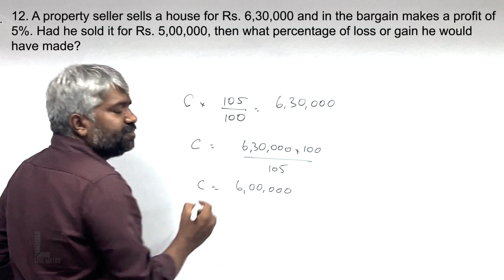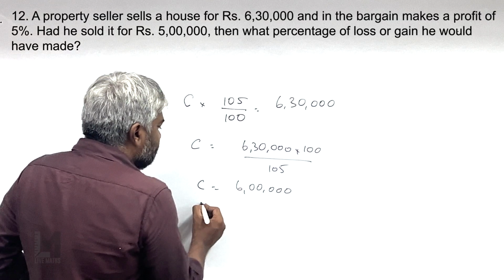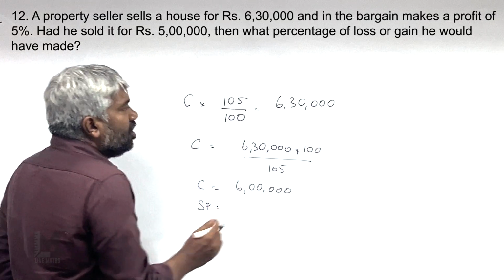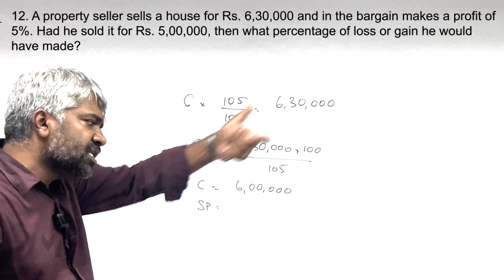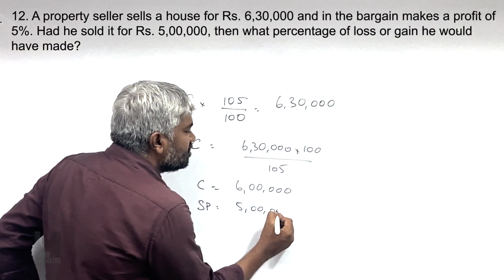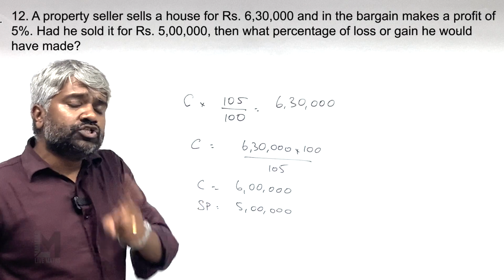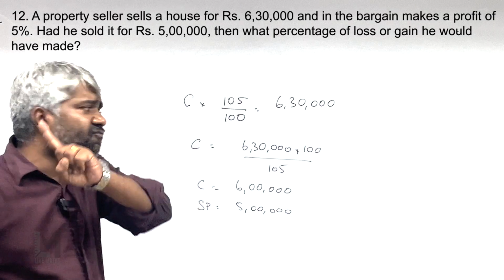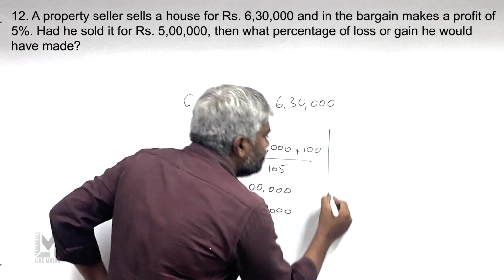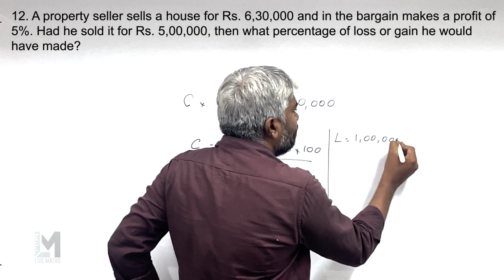This is the cost price of the house. Now, if the plot is sold for 5 lakh rupees, here cost price is greater than the selling price. It shows that he is facing a loss of 1 lakh rupees, right?